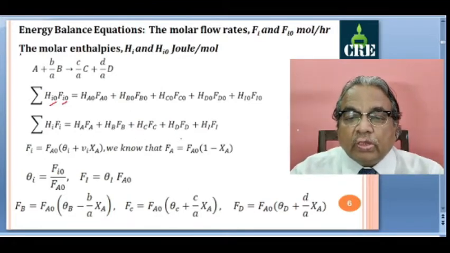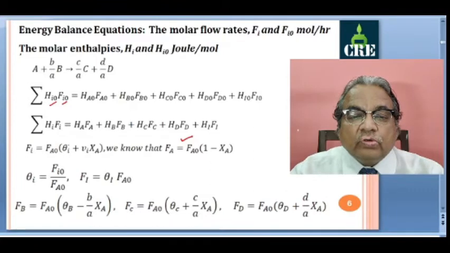Now we know Fa is equal to Fa0 into 1 minus Xa. And I can write this in terms of I: Fi will be equal to Fa0 into theta i plus nu i into Xa. So again, this is a generalized equation for any value of I. I is again A, B, C, D and I. So this theta i is nothing but Fi0 by Fa0.